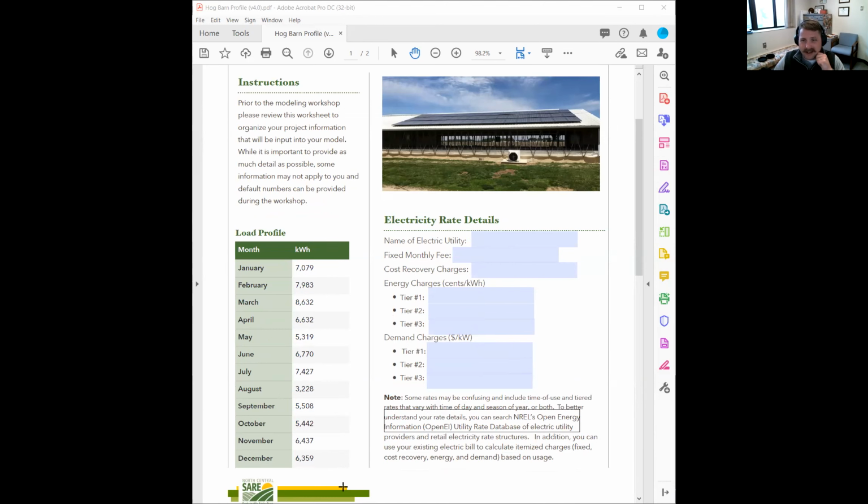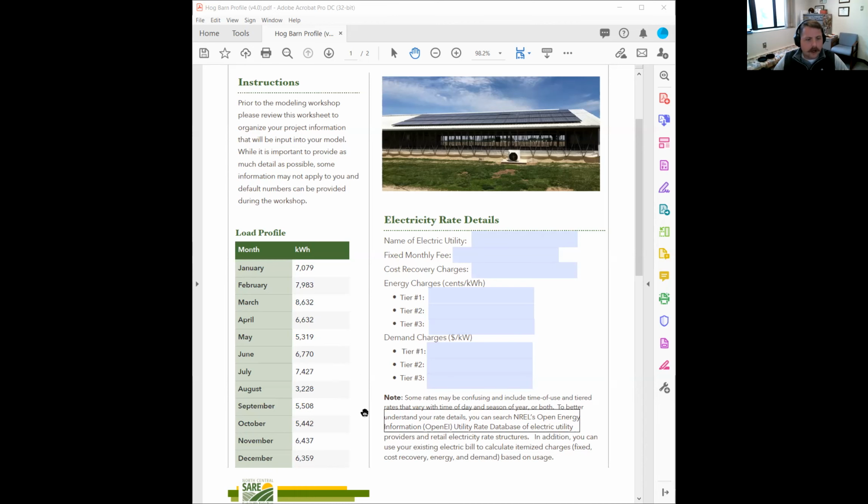Hourly load data is probably ideal if you have a rate structure with demand charges. It really can help figure out if that solar is going to work. If you have demand charges and you only have monthly load data, the System Advisor Model is going to struggle with trying to see if that demand is ever reduced. We can talk about that a little bit, but monthly load data is sufficient.